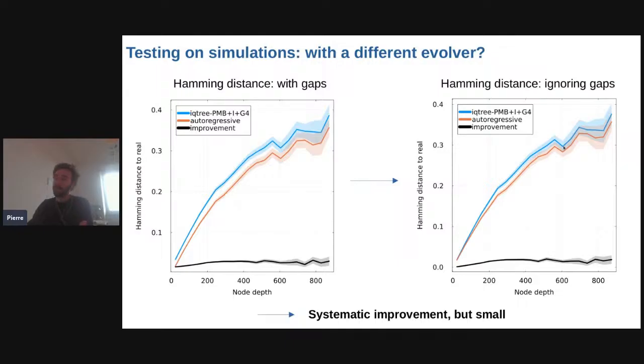Obviously it's hard to tell what nature actually does. Is it more like autoregressive or Potts? I don't know. So there is this caveat that performance depends on the type of evolver that you use. But still, the fact that we integrate functional constraints gives a systematic improvement.